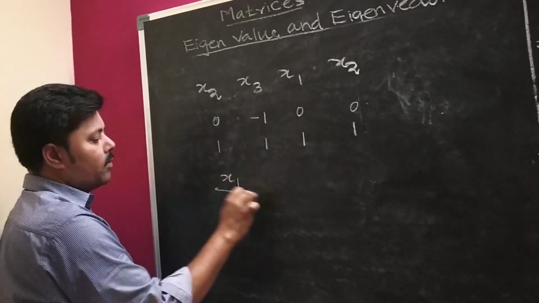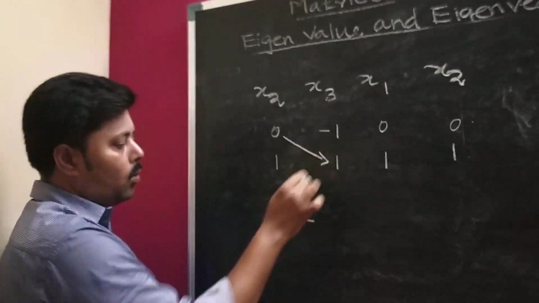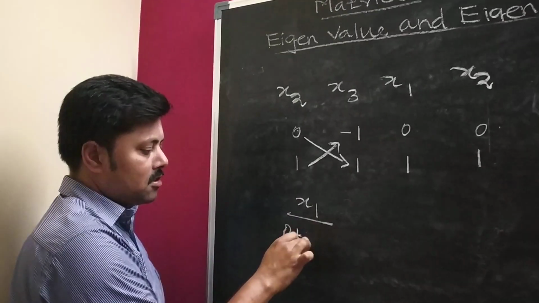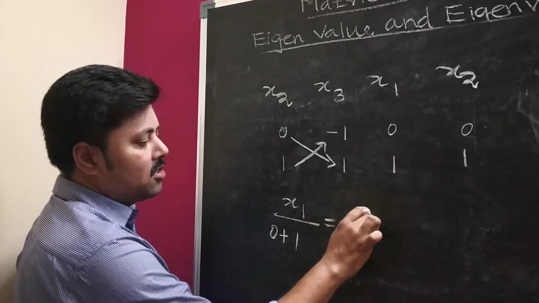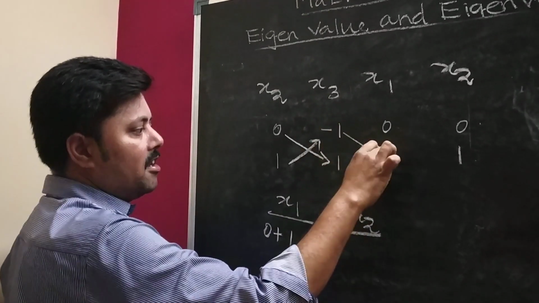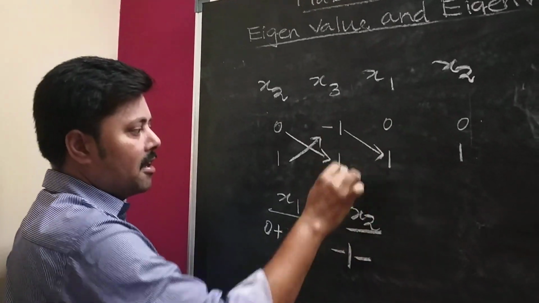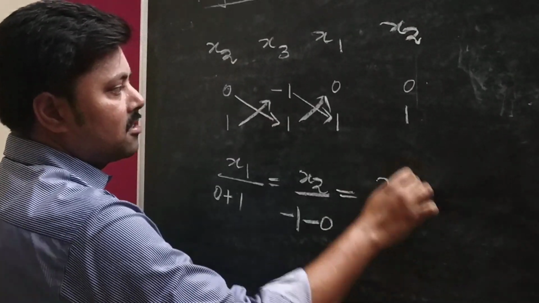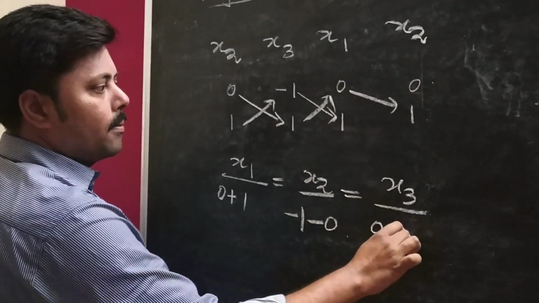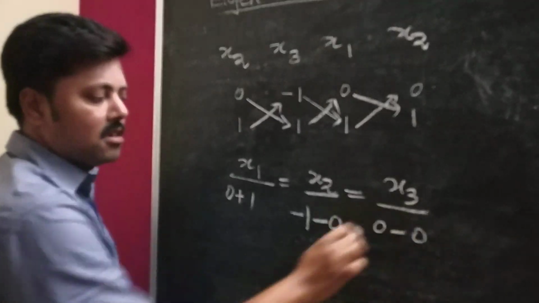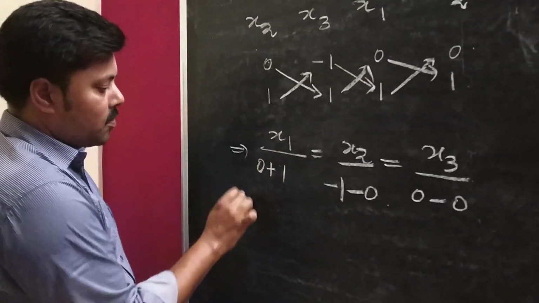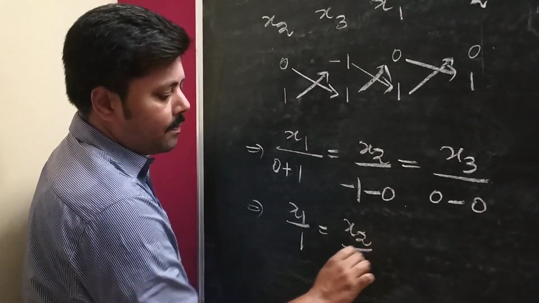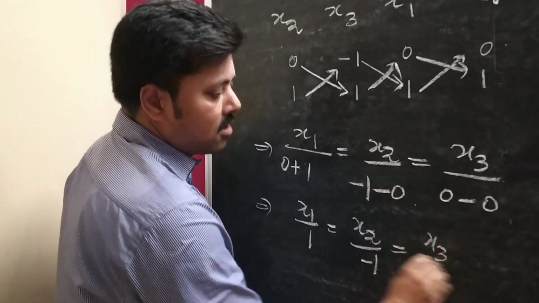So the x1 value is 1 into 0, 0, minus 1 into minus 1, minus 1, so plus 1. The x2 value is minus 1 into 1, minus 1, minus 1 into 0, 0. The x3 value is 0 into 1, 0, minus 1 into 0, 0. So therefore the x1 value is 1, x2 value minus 1, x3 value 0.